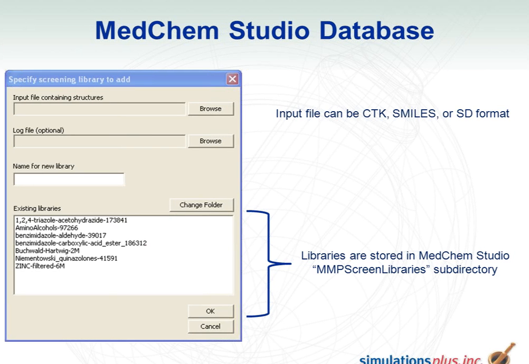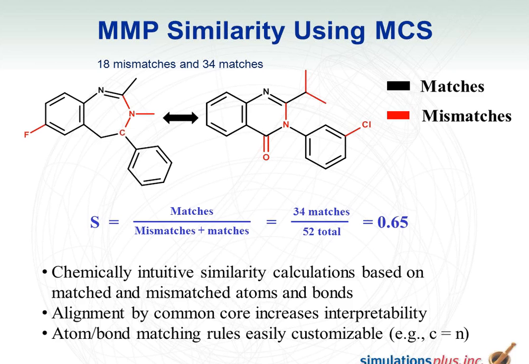Okay, so once you've created these databases, the next thing is to search them, and we have an algorithm called matched molecular pair similarity that uses maximum common substructure. Essentially it finds a maximum common structure between two molecules and then lists the matches and the mismatches. So the metric for similarity is very chemically intuitive.